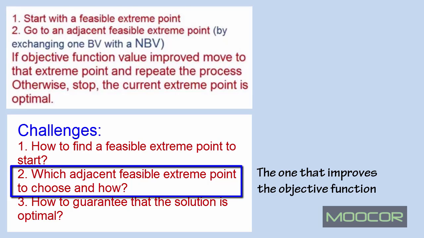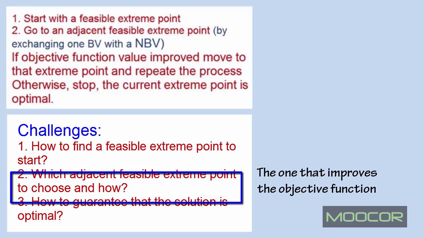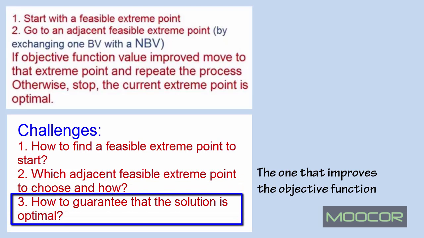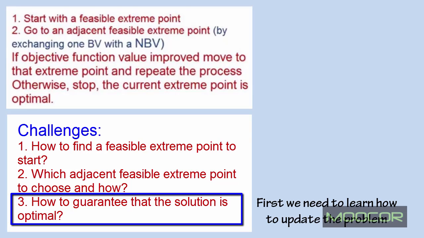Now, how to guarantee that that solution that we have come up with is optimal? To do this, we first need to learn how to update the problem, going from the old solution to the new solution. So this is how we do it.